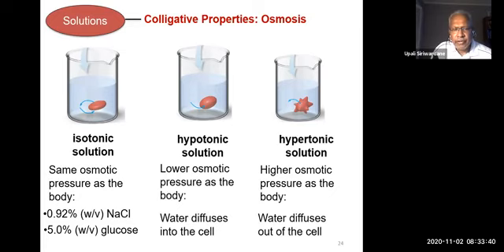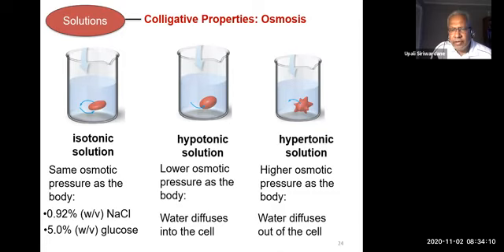A hypotonic solution is when the solution has lower osmotic pressure than the inside of the cell. So the cell becomes bigger than a normal cell as water diffuses into it. A hypertonic solution is when the solution has higher osmotic pressure than the cell, that is, the concentration is higher than the inside.